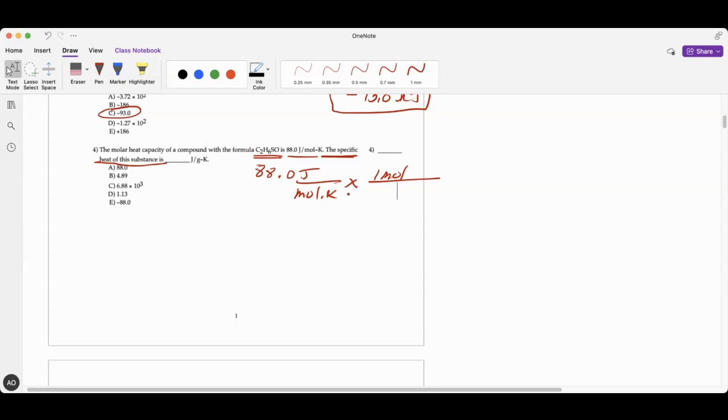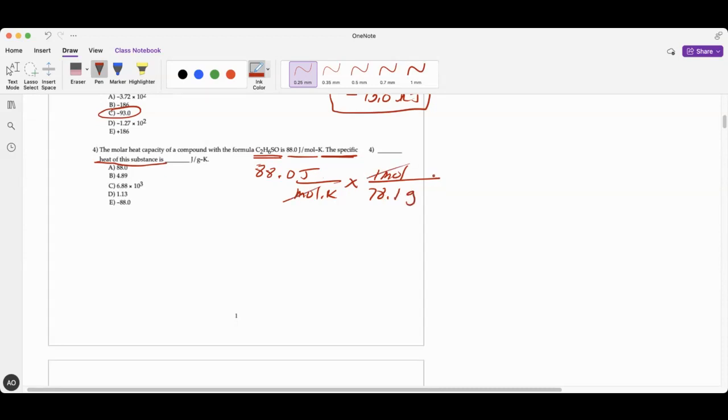I can't ever remember it. Sulfur, I think, is 32. Let's see. Sulfur is 32.066. So 32.066 plus 1 oxygen, which is 15.9994. And I get 78.1 grams.